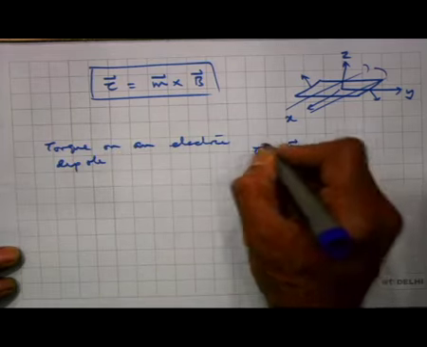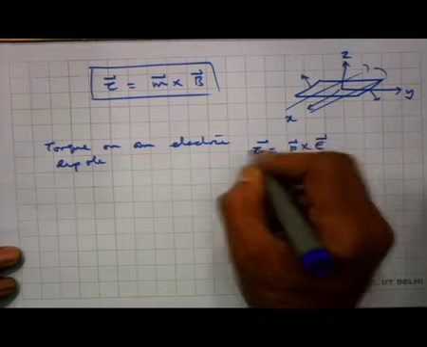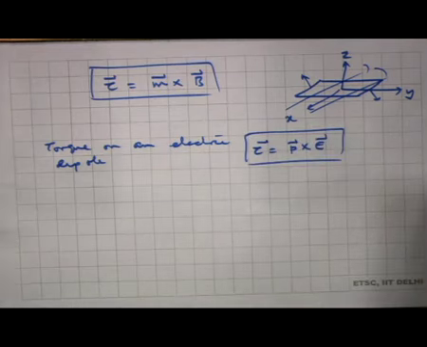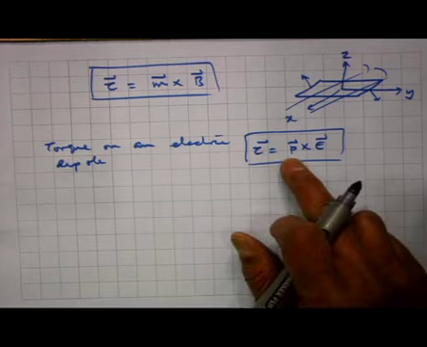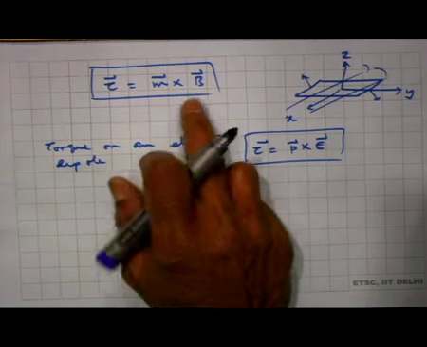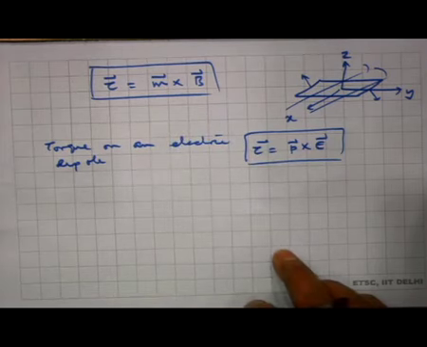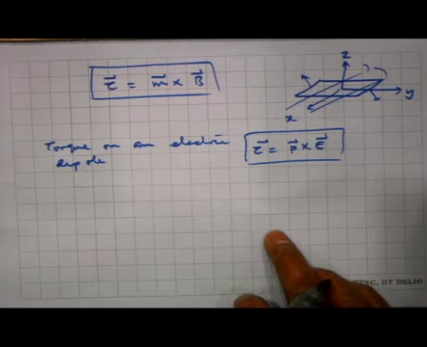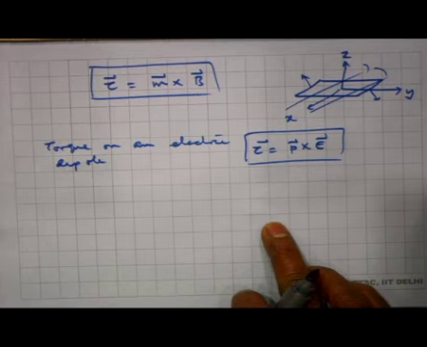Which was P cross E. The electrostatic torque on an electric dipole is P cross E. P is the electric dipole moment and E is the electric field. Here the torque is magnetic dipole moment cross the magnetic field B. It is a similar expression and it gives you the torque on the current element. So, the torque becomes 0 when M and B become parallel.